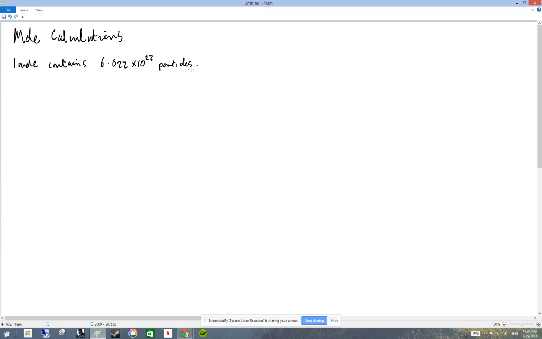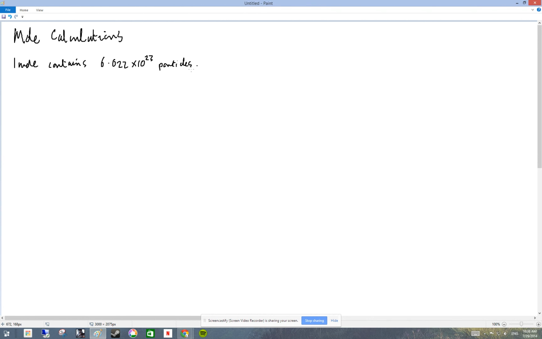And the reason why we count things in a seriously large sort of packet, if you like, is because there are a lot of atoms and molecules in the amounts of chemicals that you'll weigh out in the lab. You won't typically be using individual molecules or atoms ever, but what you will be using is 5 or 6 grams of something, and within that there are billions upon billions upon billions of particles.